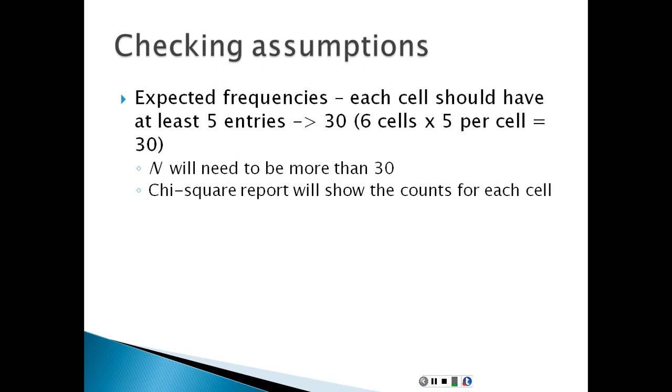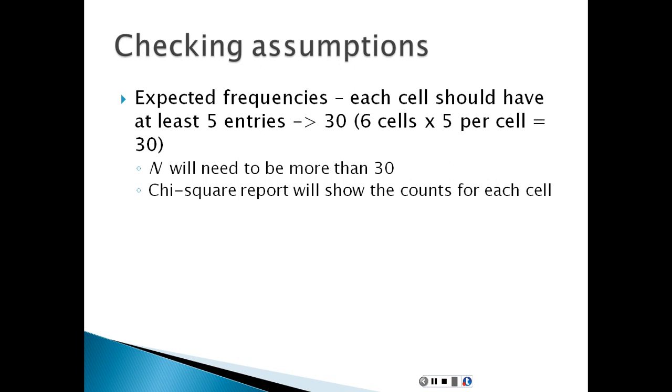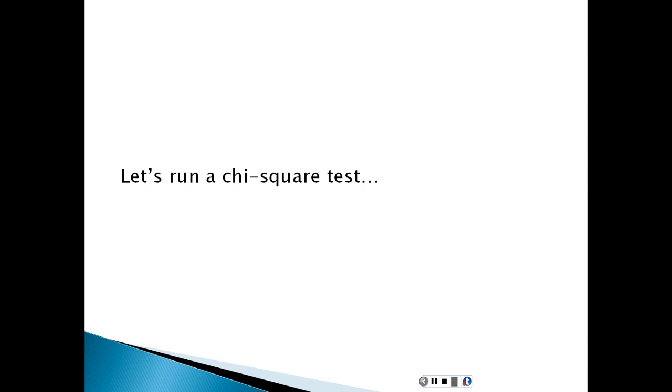And in order to view the counts for each cell here, this will actually be part of the results section in a few minutes. So let's run a chi-square test.